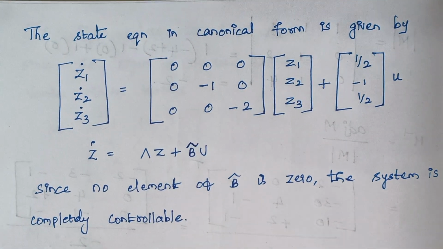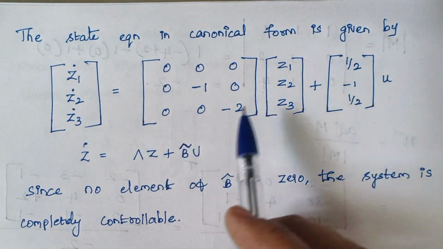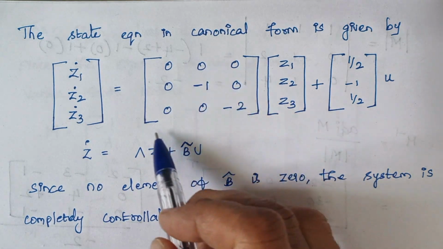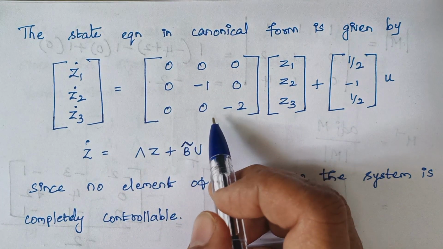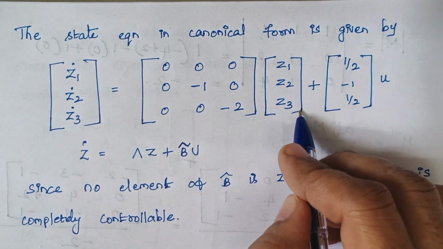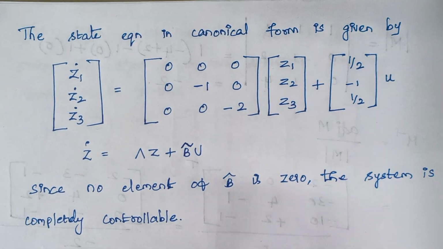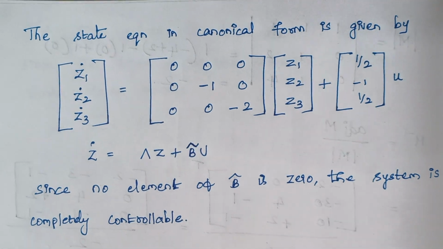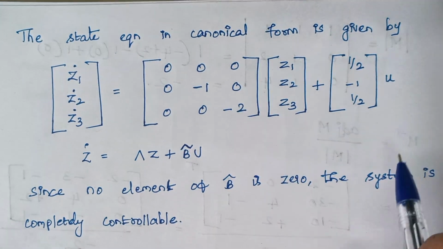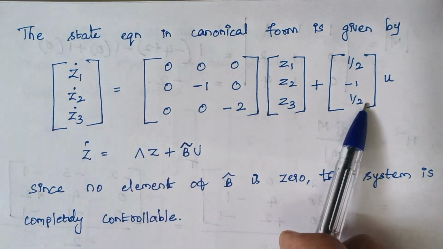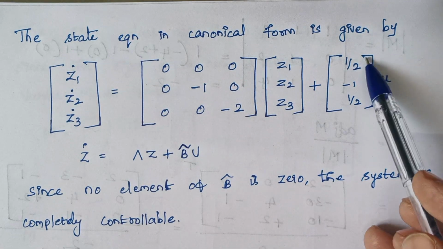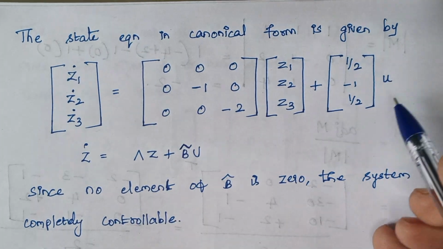So just write it in the general format. It is given by z dot is equal to the respective final value of the matrix, M inverse of AM multiplied by z1, z2, z3, plus the respective values of B cap, which is multiplied by U here. So when you observe the final standard format, in the elements of B cap no zeros are present.